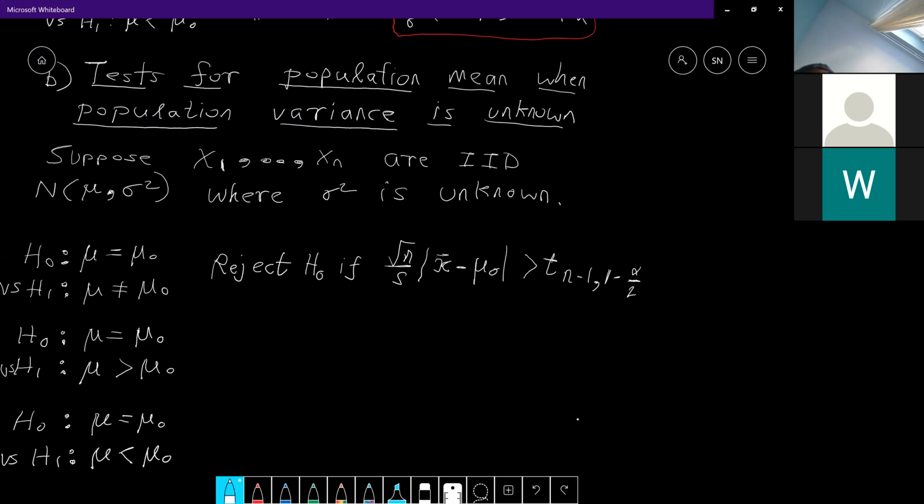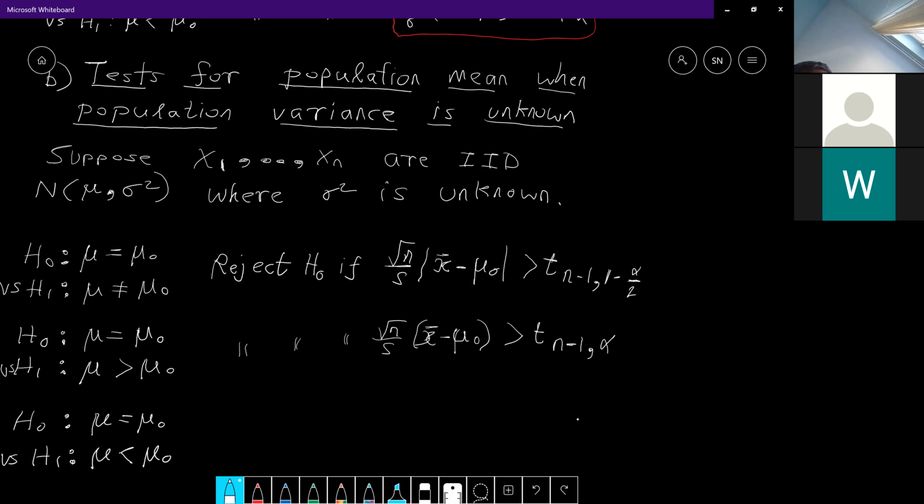Here you need to read the t table, and I showed you how to do that in class a long time ago. For the second one, it is root n divided by s times x bar minus mu zero greater than t n minus 1 alpha.